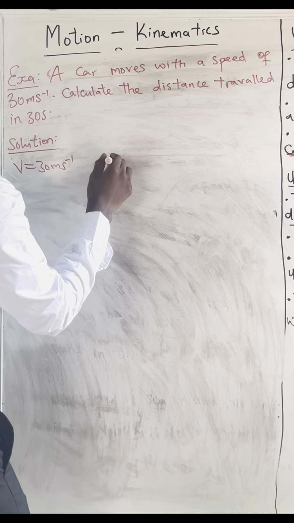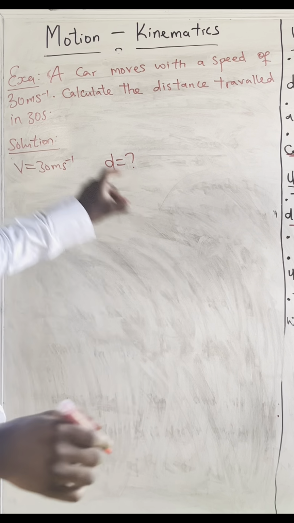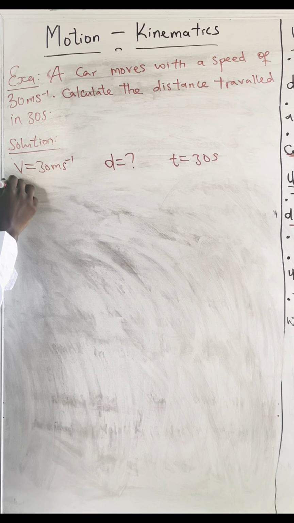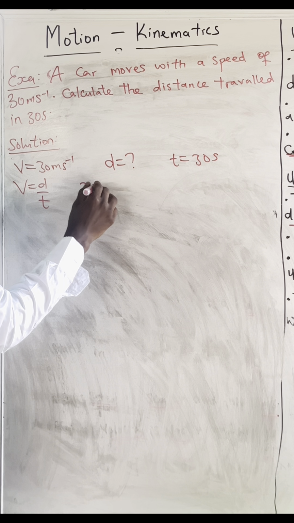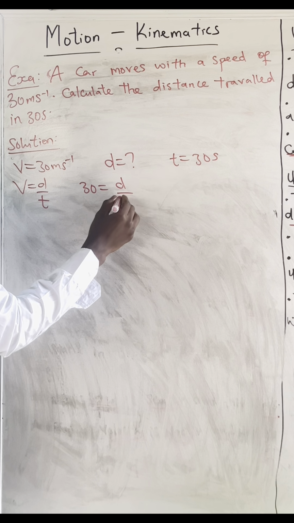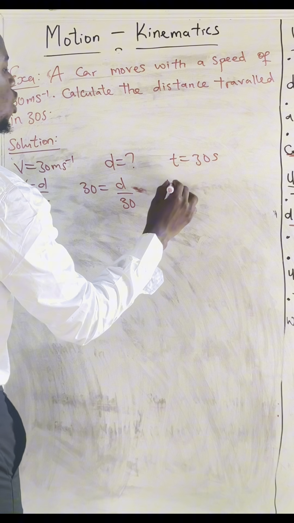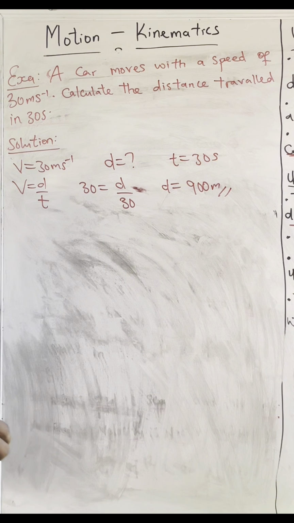Distance. So we're going to say that the distance is equal to question mark in 30 seconds. That simply means the time. t is 30 seconds. Therefore, you are going to use velocity is equal to distance over time. Velocity is 30, equal to distance over time. And the time is also what? 30. And the final answer for the distance would be equal to 900 meters. So this is the final answer for the question.